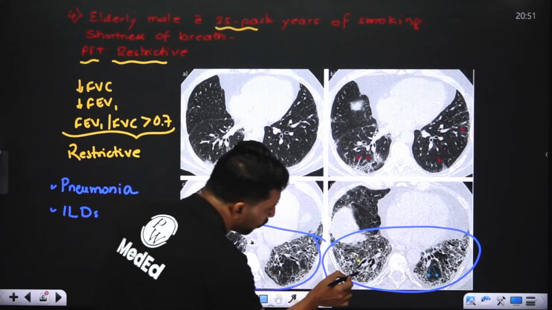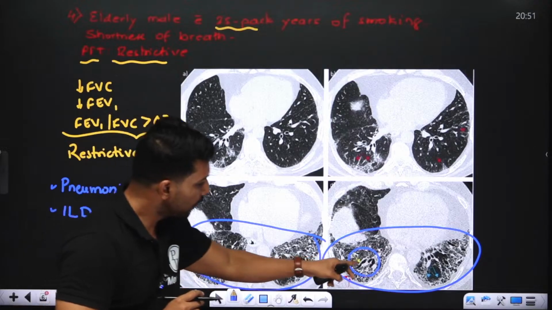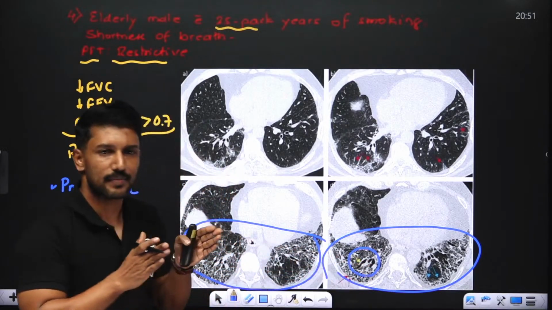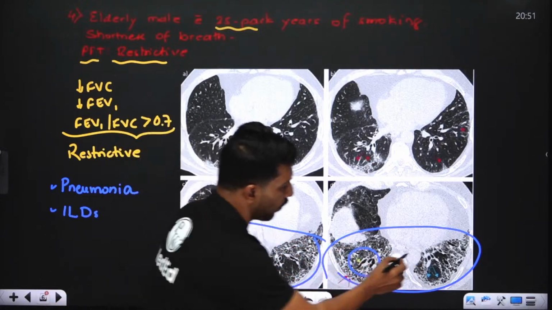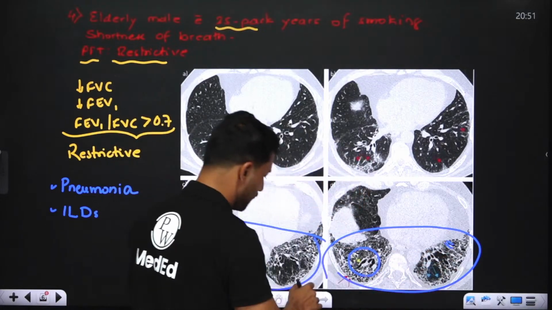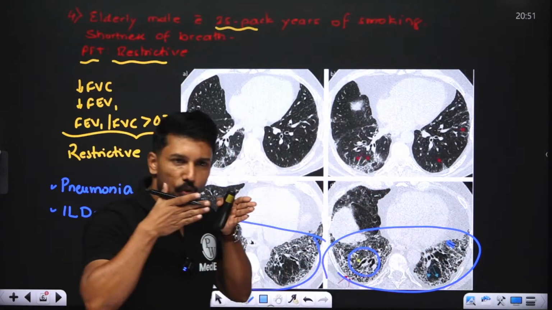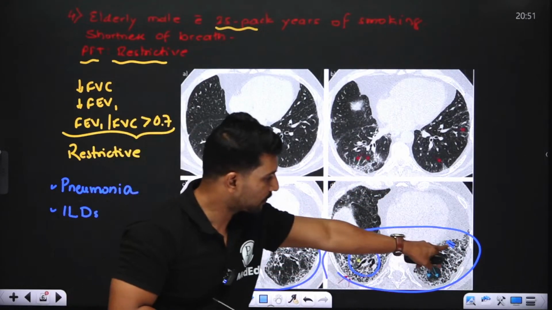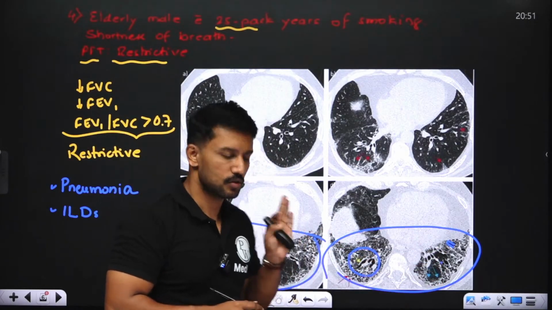And if you look closely here, I'm not very sure if it is clearly visible to you, you can see dilated bronchi. In fact, here you can see the so-called tram track sign, the bronchial walls running parallel to each other. So dilated bronchi, honeycomb changes. What comes to your mind?